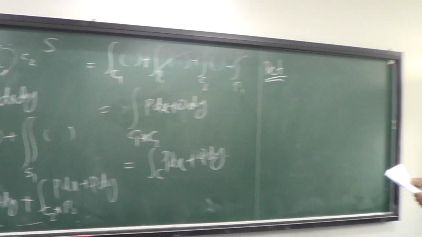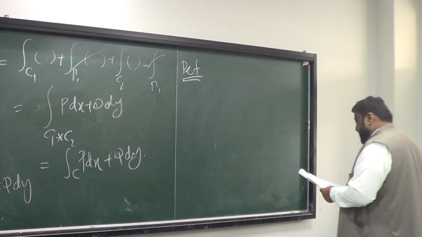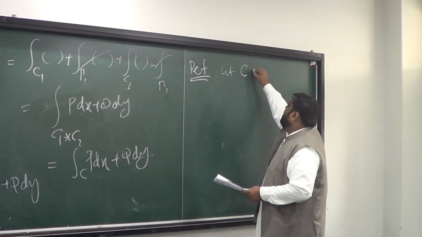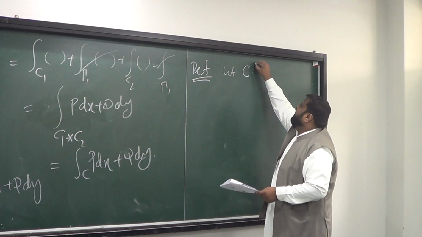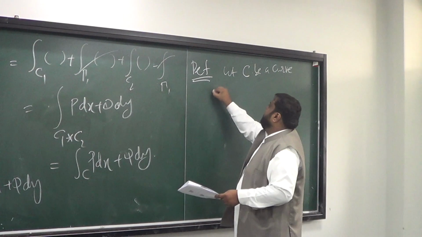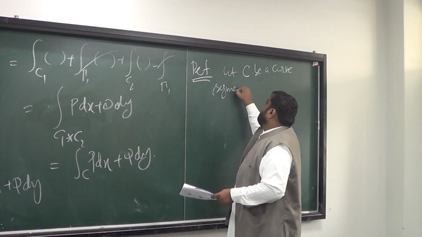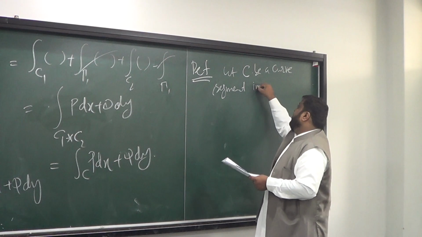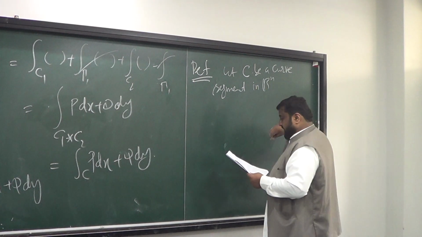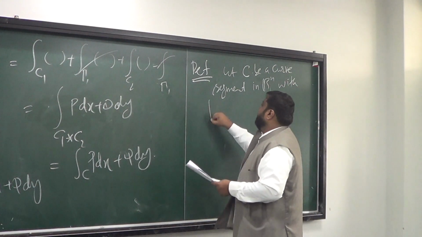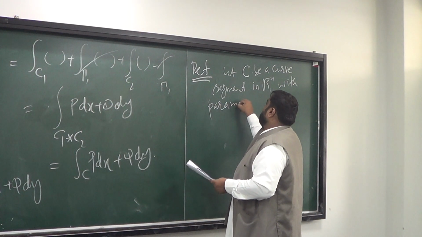So the definition says, let C be a curved segment, obviously in Rn, and with parameterization.